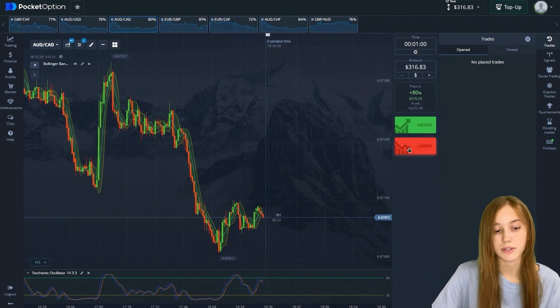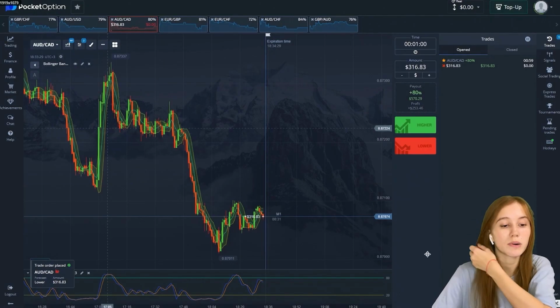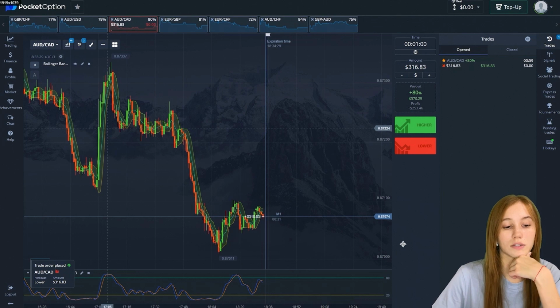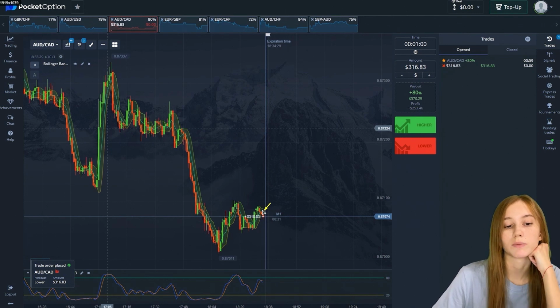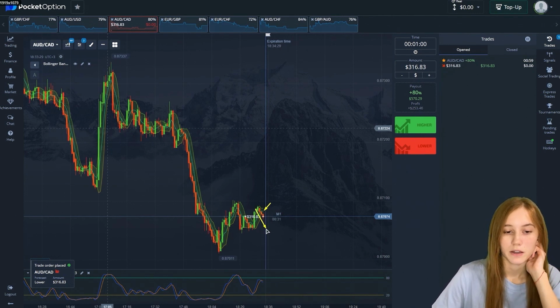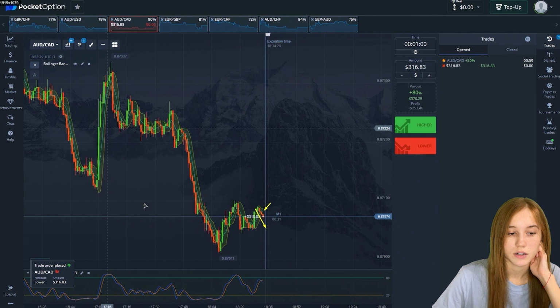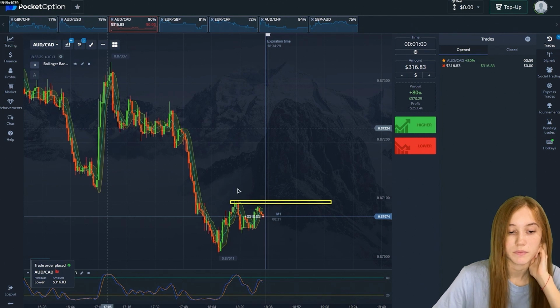This means that the reversal is still confident. According to the Bollinger Bands indicator, we see that it is directed to the lower position, and the chart is located exactly beyond the lower boundary of the Bollinger Bands. The stochastic is in the same situation. We see 8 seconds left until the end of the deal. Trying to overcome this support, and yes, a plus deal, as good as the previous one.